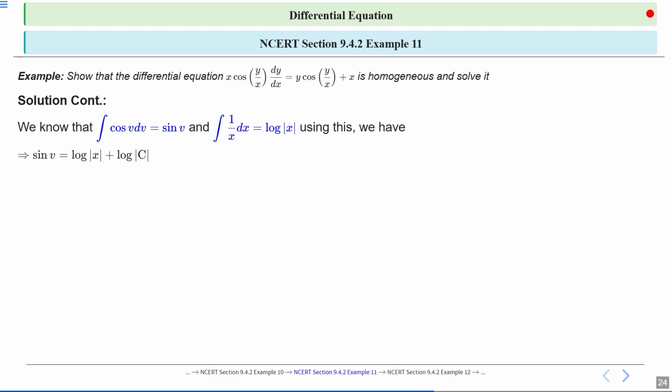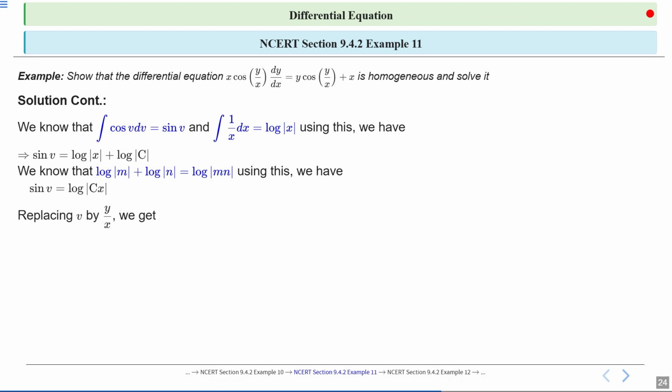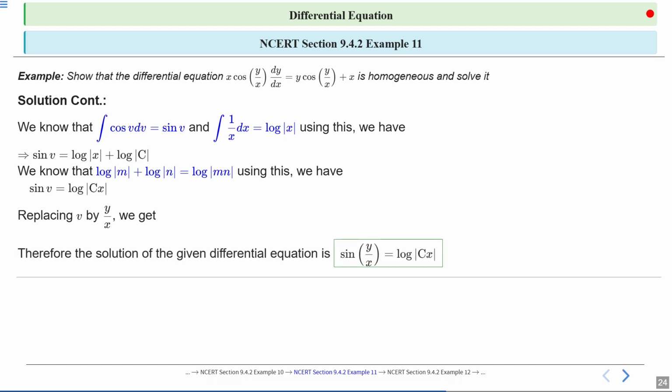So we get sin v = log|x| + log|c|. And we know that log|m| + log|n| = log|mn|. So using this property of logarithms, we get sin v = log|cx|. Now replacing v by y/x, we get the solution of the differential equation, that is sin(y/x) = log|cx|. Okay.